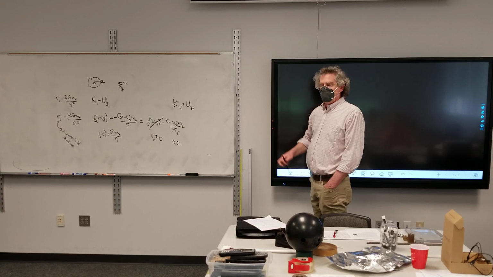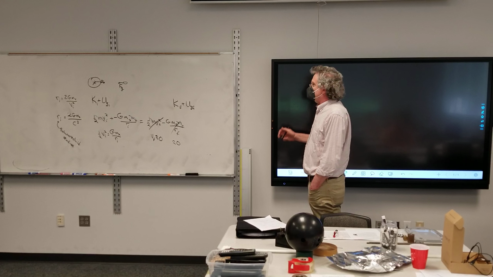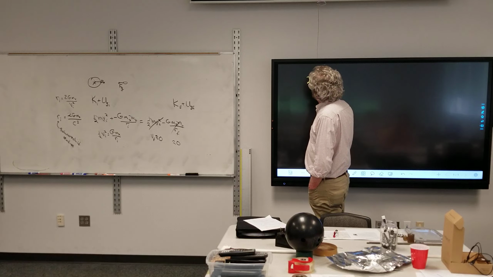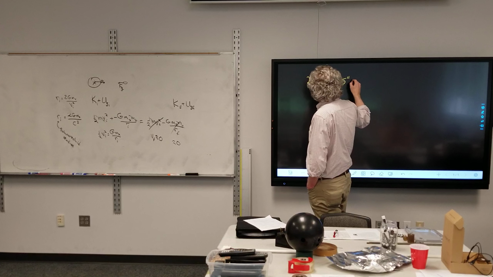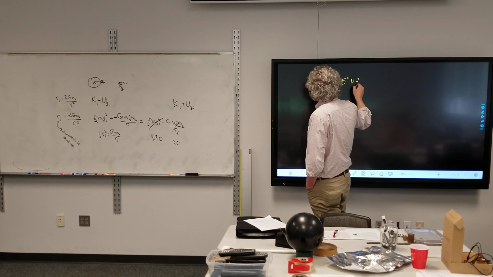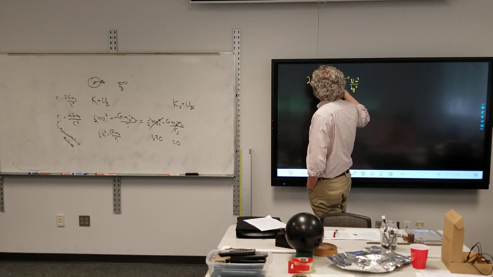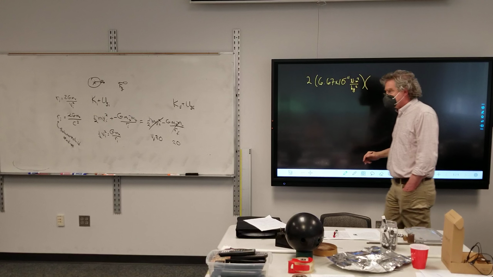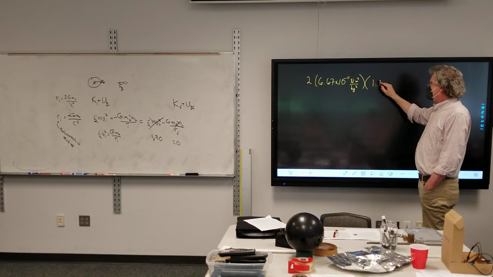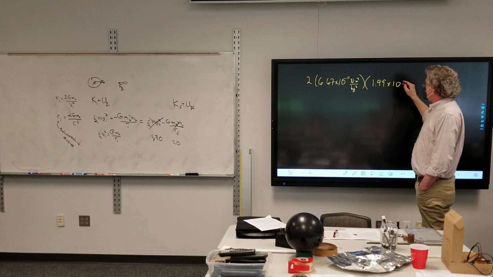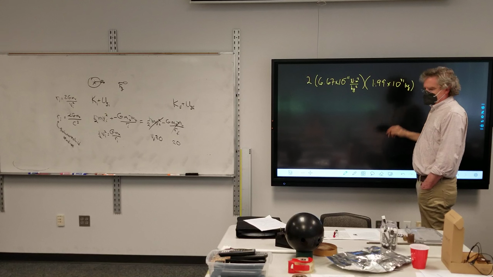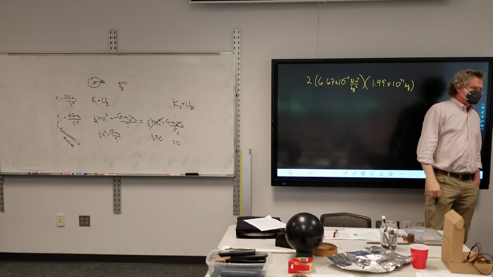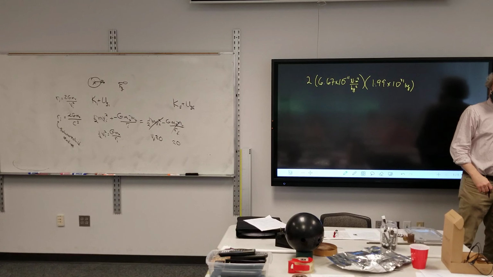The m sub x there is just the mass of whatever's creating the black hole. So it'd be 2 times G, 6.67 times 10 to the negative 11 newton meters squared per kilogram squared, times the mass of the sun, 1.99 times 10 to the 30th kilograms. That's in the textbook here.